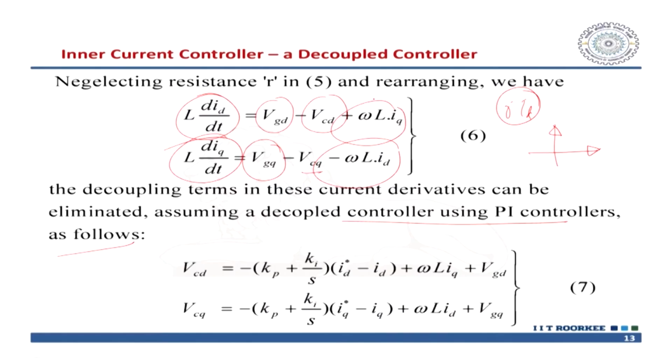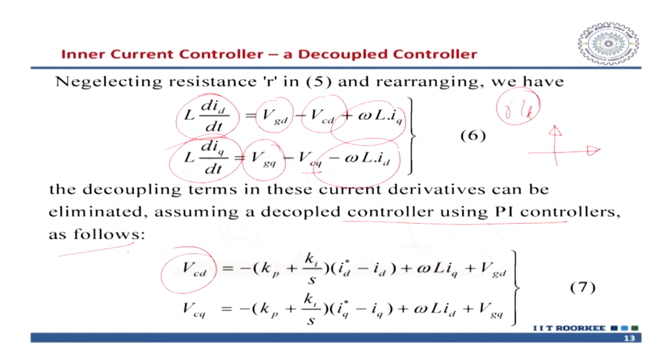So, we need to decouple for independent control, and we are saying that it can be achieved by the PI controller. This is one of the techniques. So, Vcd we can write as Kp plus Ki by S, this is a PI controller, into Id minus Id star, which we have shown in figure 2 in your previous class, plus omega L Iq plus the grid voltage at the d axis.